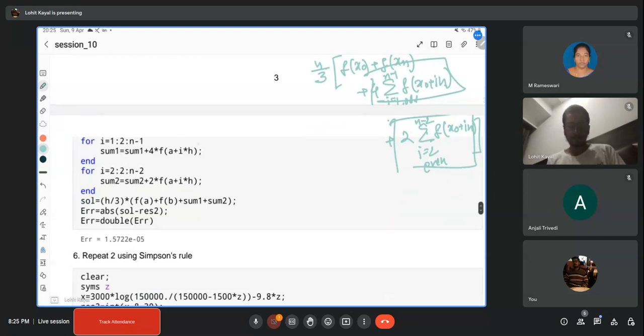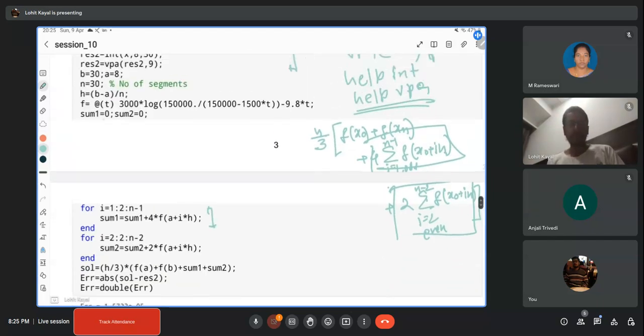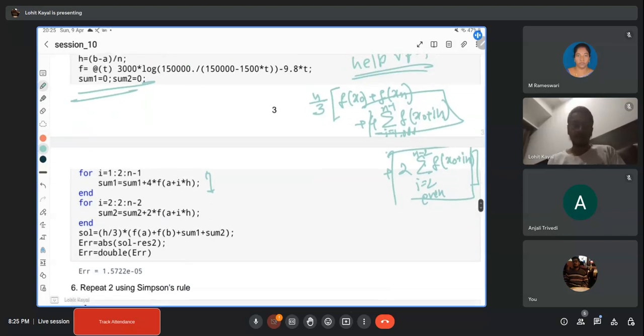Here I have predefined sum one and sum two, both as zero. Now it will only consider the odd terms, so i equals 1 colon 2 colon n minus 1. After one, it will take three, then five, then seven, and so on.